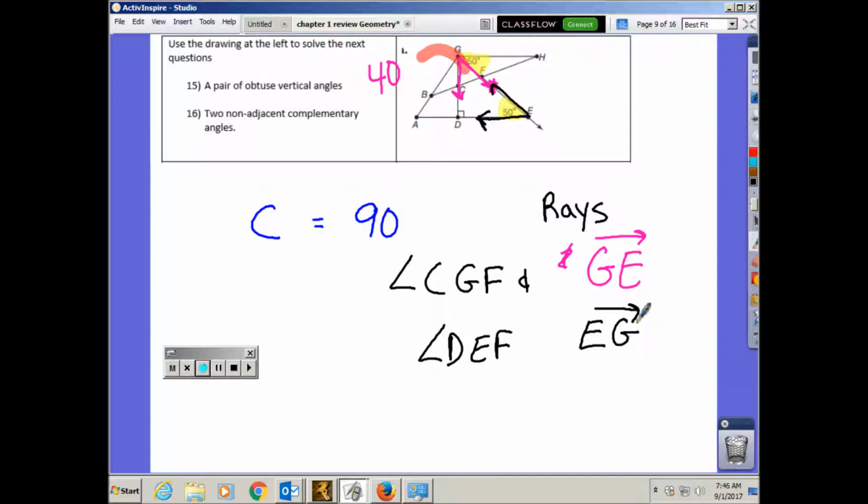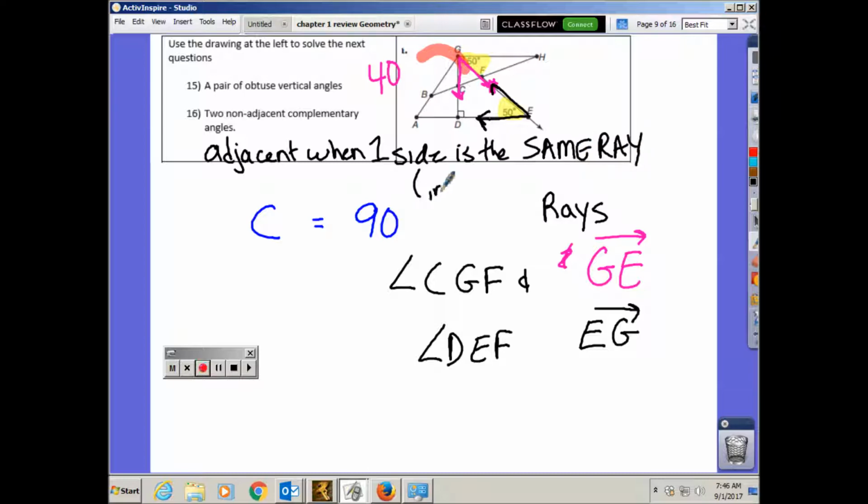So even though they overlap, these angles are not considered adjacent. They're adjacent when one side is the same ray. So that the one side in common is the same ray.